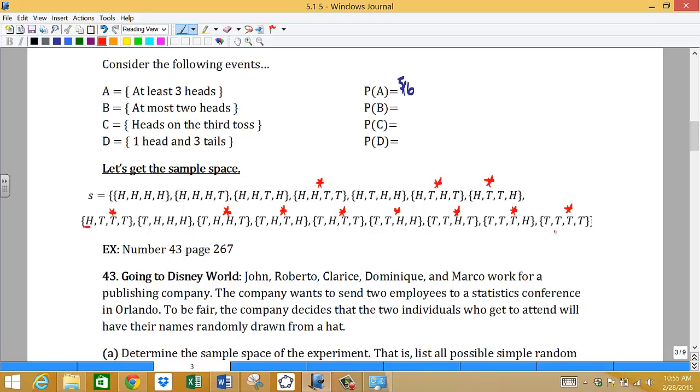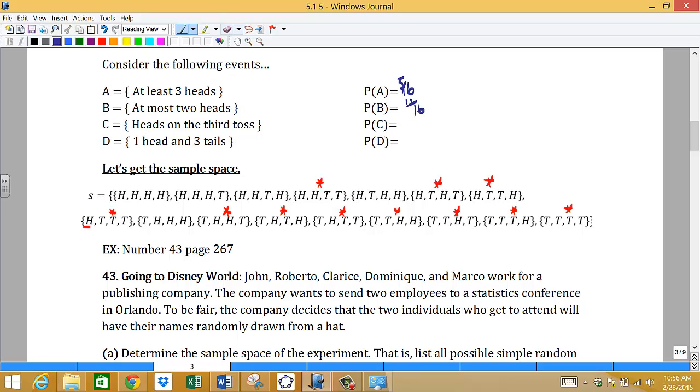And this one is at most 2 because it has no heads, so you can include this outcome with 0 heads. Now we get the probability: 1, 2, 3, 4, 5, 6, 7, 8, 9, 10, 11. So this probability is 11 out of 16.